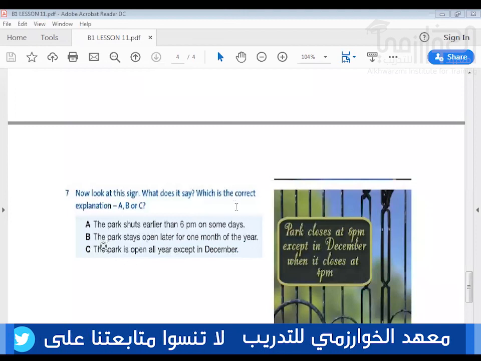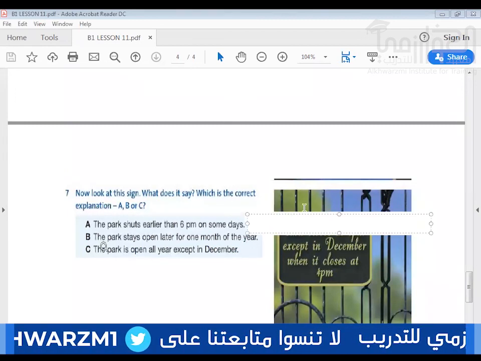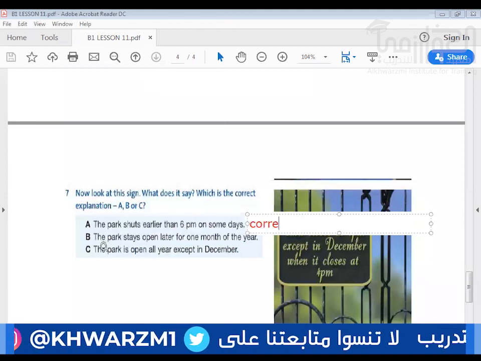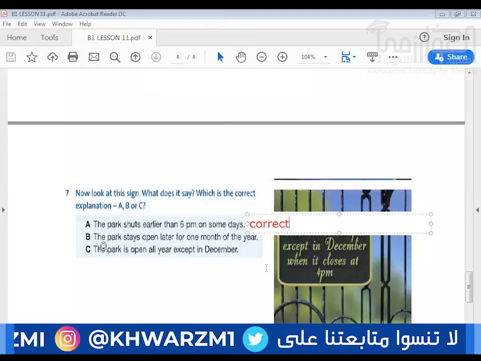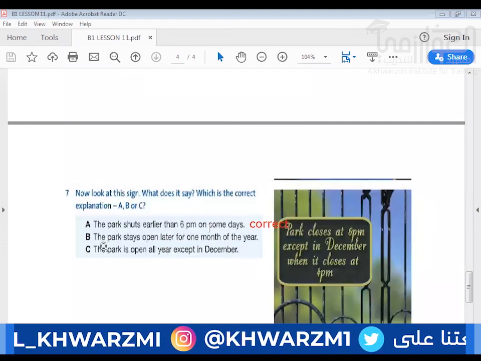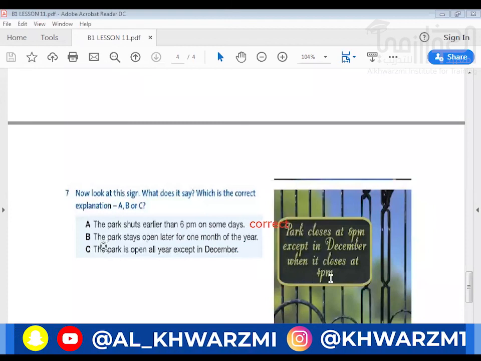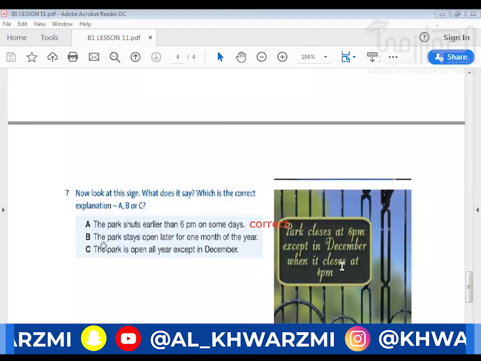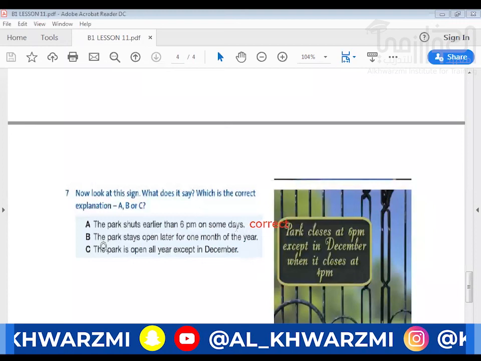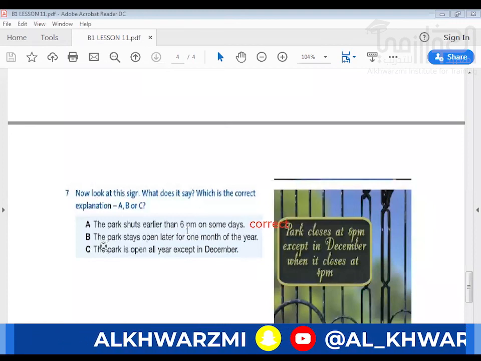So the correct one is A. This is correct: the park shuts earlier than 6 on some days. So with the exception of December, in all the other 11 months of the year, some days they close earlier.